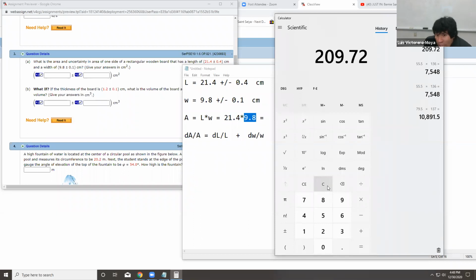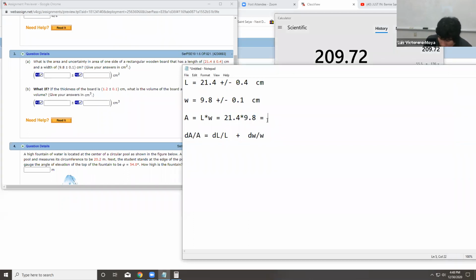So again, 209.72 has 5 sig figs. To round it to 2 sig figs, it will be 210. All right. The relative uncertainty will be 0.4 divided by 21.4.